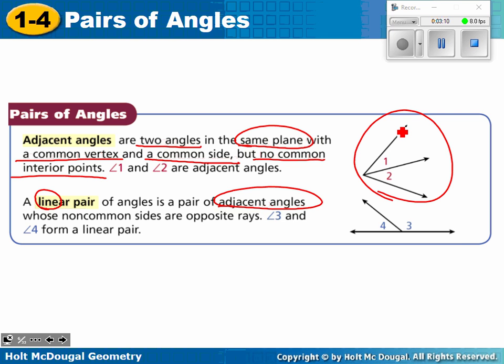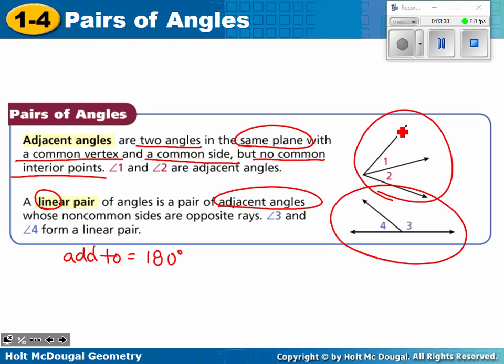If you look at angles 3 and 4, would you agree that they form a straight line? Okay, what should they add to equal then? 180 degrees, and they're going to expect you to notice that in the picture. If you see a linear pair of angles, then they are going to add to equal 180 degrees because they're going to form a straight line every time.